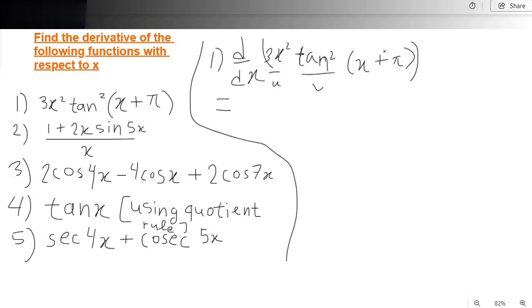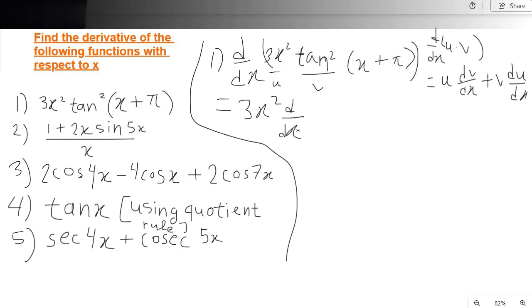So if you have watched my third video about the product rule, where you have d/dx of u multiplied by v, you have u multiplied with dv by dx plus v multiplied with du by dx, and here we have 3x squared multiplied with the derivative of v, which is tan squared x plus pi. So we write that down, tan squared x plus pi.